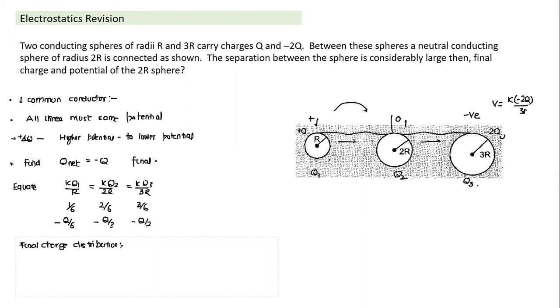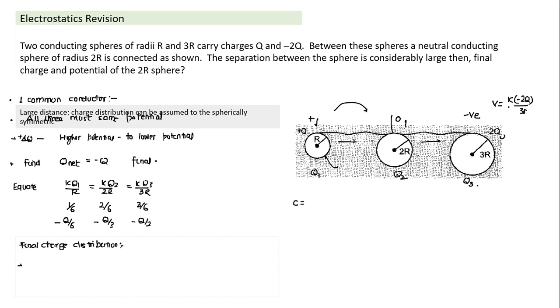Can we also treat these three as three parallel capacitors? First of all, do we know that each isolated sphere also is a capacitor? What is the capacitance of each isolated sphere?